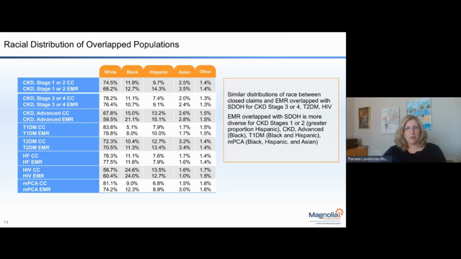It's a little more obvious in the advanced CKD, where it's actually a higher proportion of Black, and type 1 diabetes, higher Blacks and Hispanics, and actually prostate cancer, all the other racial groups aside from white. So again, think about the underlying distributions of what patients are being seen, that you're seeing in the closed claims and you're seeing in the EMR.